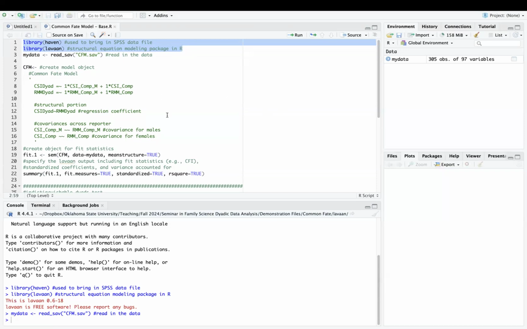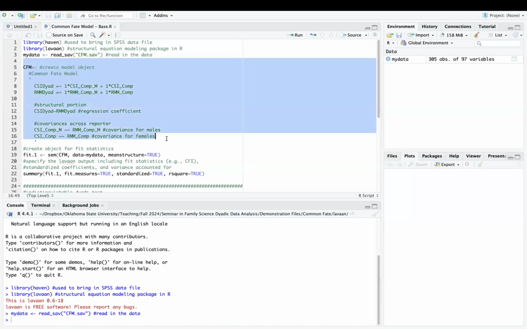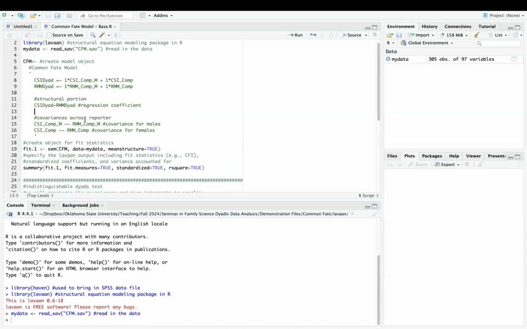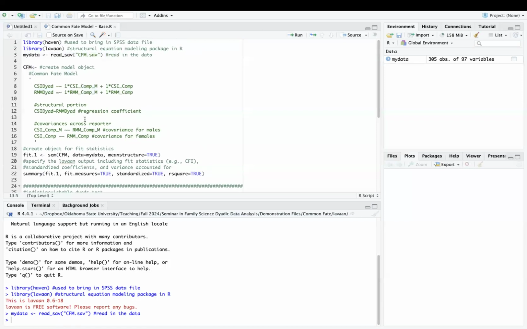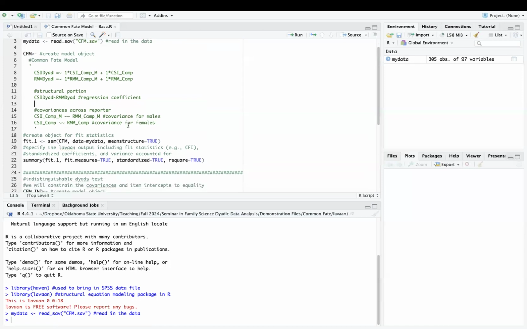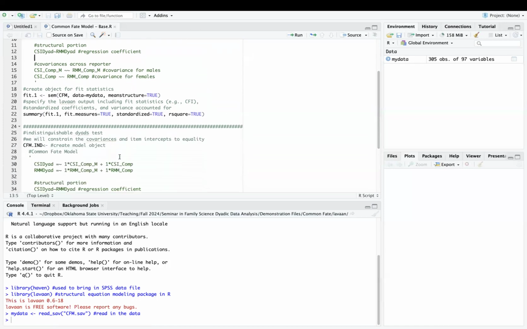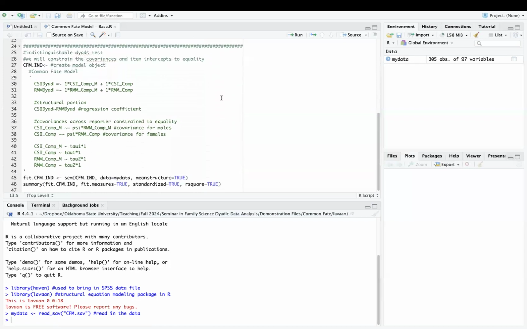From the previous video, you will see the syntax here, and this is the baseline common fate model. It is not testing distinguishability in any way. This is essentially the most basic common fate model that you can run. If you are unfamiliar with the common fate model, I would encourage you to watch that previous video.